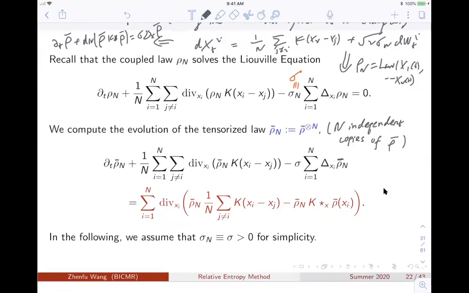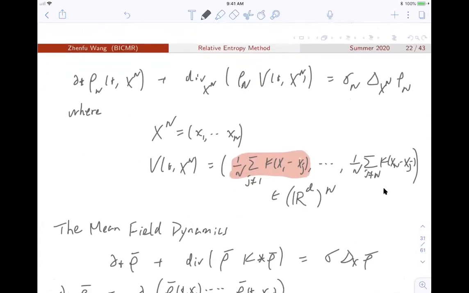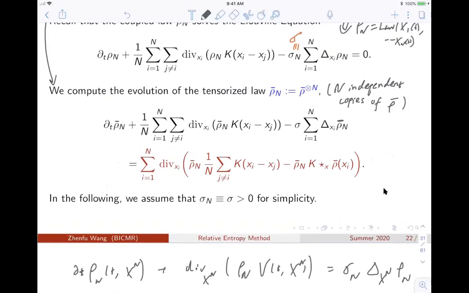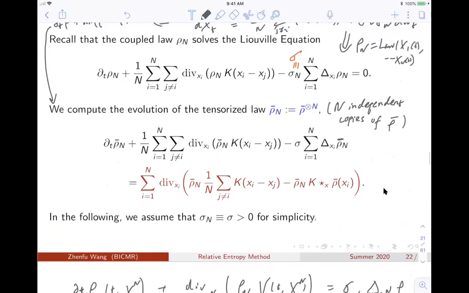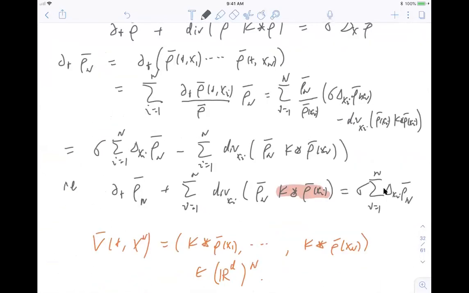You just take rho bar n as the n-fold product of rho bar, so rho bar n dx1 to xn is just the product over xi. So we can derive the evolution equation for them. I write below for the computation, but you can do that very easily.